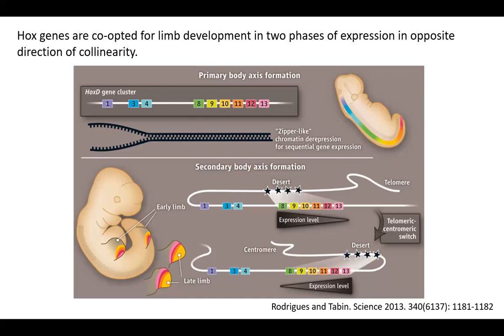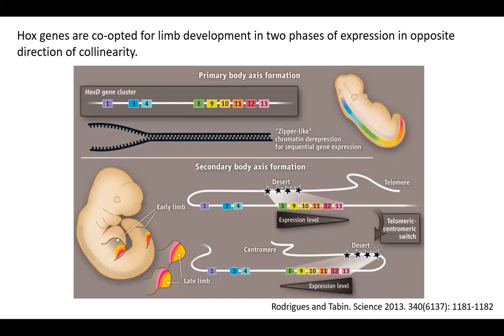And when this is occurring, there are two different waves of expression going on. So when the early limb is developing, you have the early Hox genes expressed more, and the late Hox genes are suppressed. But then as the limb grows and the digits, the distal part of the arm, are developing, there's supposed to be an opposite triangle down here.